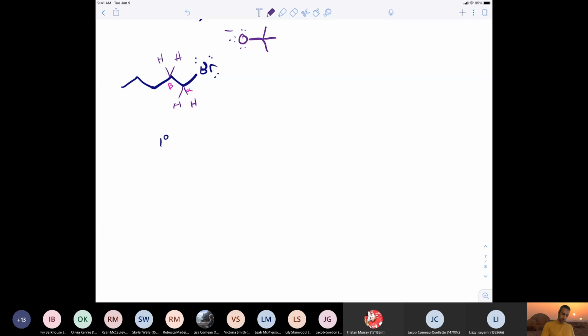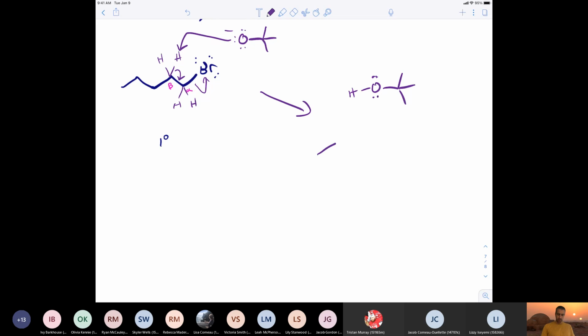So what this is going to do is come over here and form an OH bond. Okay. What happens is that CH bond then breaks. You've broken that CH bond, and those electrons will come down here and make a carbon-carbon multiple bond. It'll make the pi bond. Then your CBr bond can break, and bromide comes off.